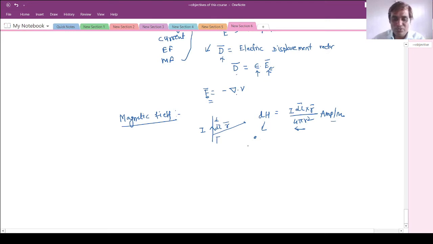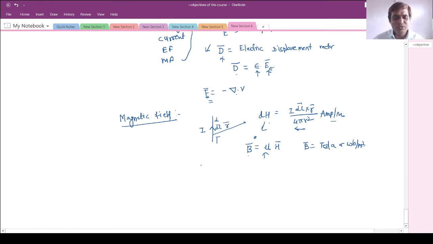Fine. So what will happen? Magnetic flux density, again, we know depends on the medium where H applies. And we know the relation between the magnetic field strength and the magnetic flux density as B bar equals mu into H bar, where mu stands for permeability. And what is the unit of B bar? The unit of magnetic flux density is Tesla, or Weber per meter square.